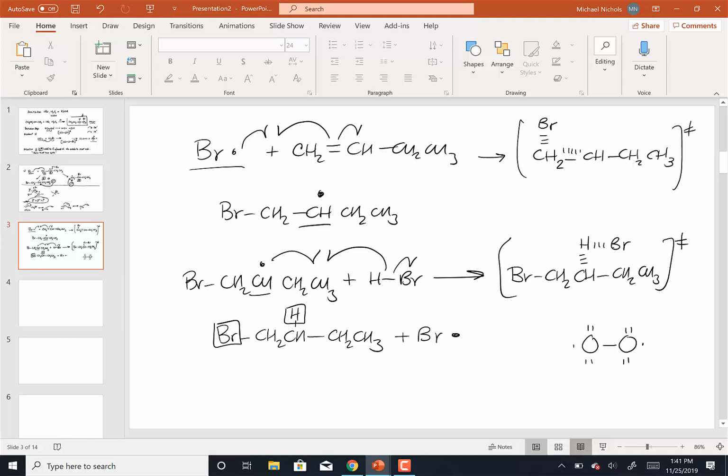So all it would take is just the tiniest amount of peroxide in the system, and it completely changes the mechanism of the reaction. So we have to be careful of that.